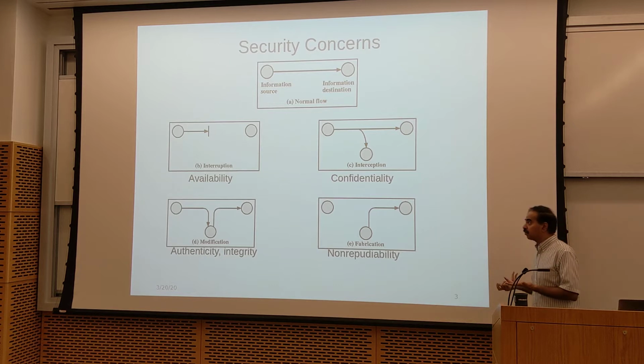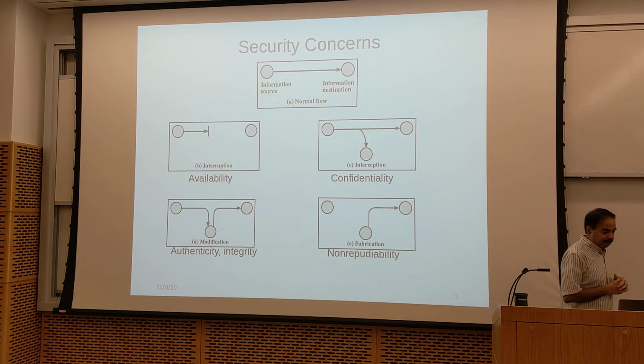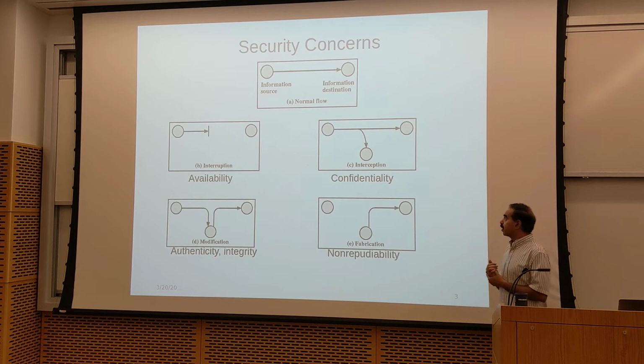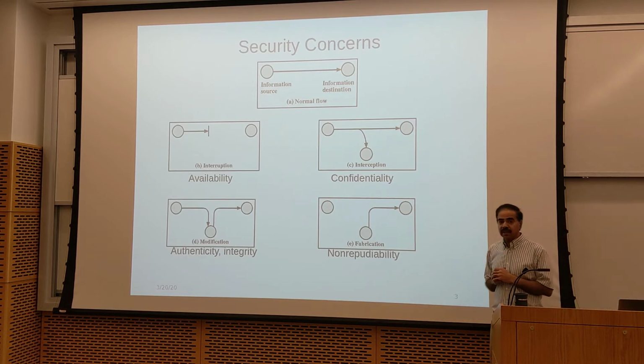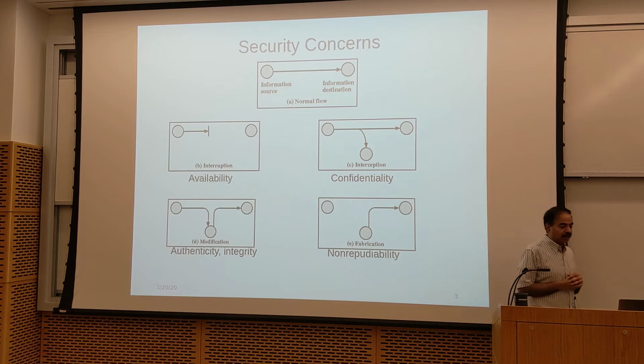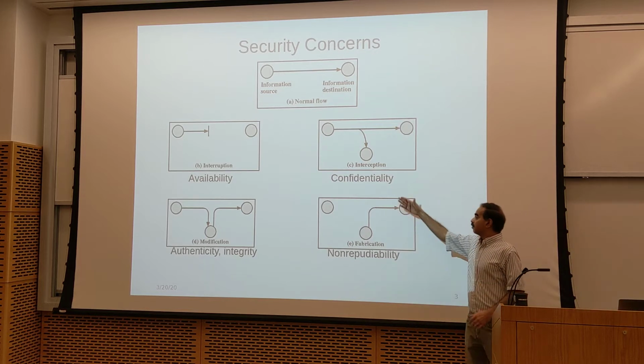So you can cut the cable, for instance, and that affects the availability property of this particular communication. The other thing that the adversary could do is, instead of cutting the link, they may snoop on the link and then try to siphon off information so they know what's being talked about, and that is an attack on confidentiality.